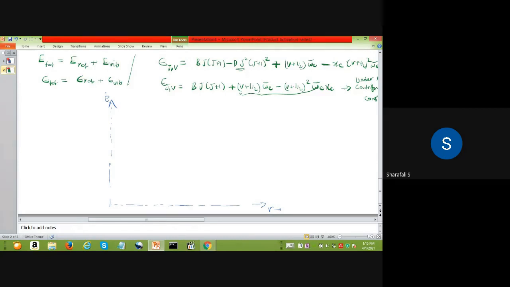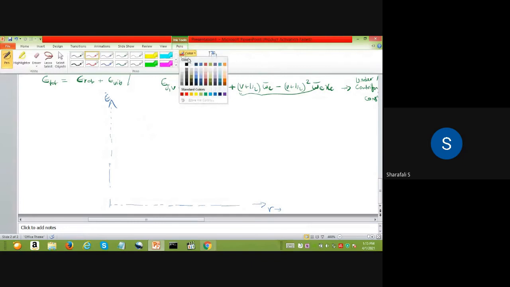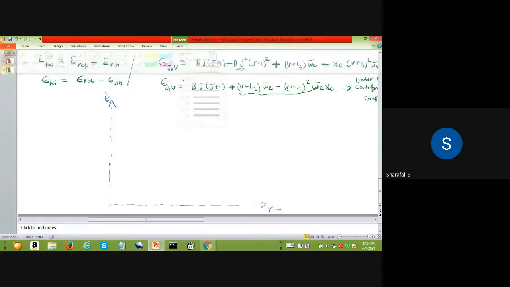Let's consider a small portion of that energy level, the lower part. So we are considering only the lower energy states, v equal to 1 and v equal to 2.